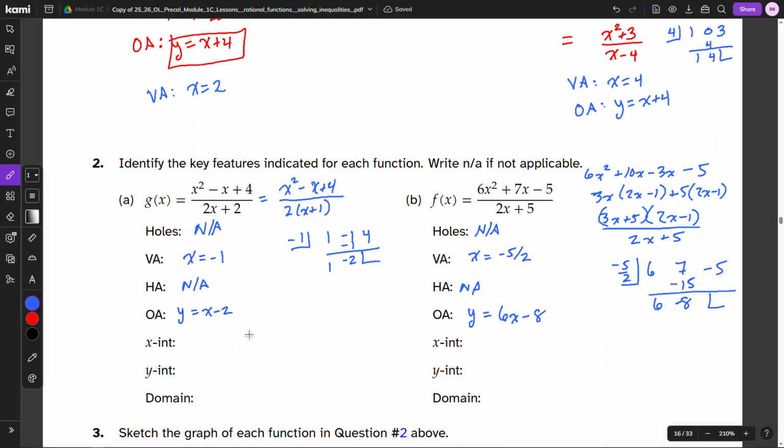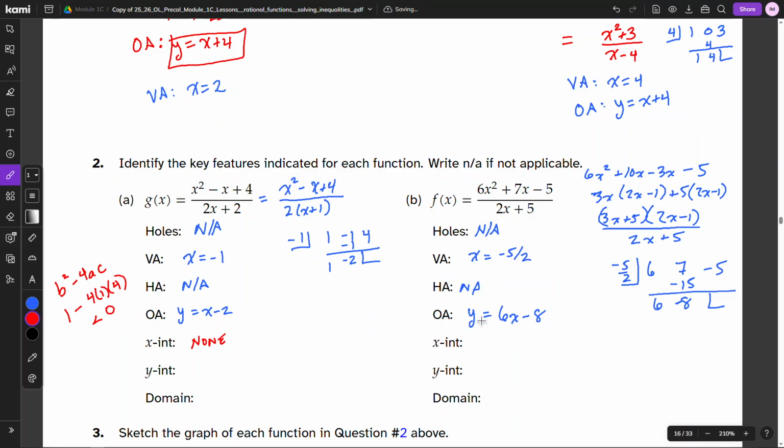Right, x-intercept is going to be when the numerator is equal to 0. So let's come over here and just identify our discriminant, b squared minus 4ac. For this one would be 1 minus 4 times 1 times 4. And so that is less than 0. So I don't have any x-intercepts.